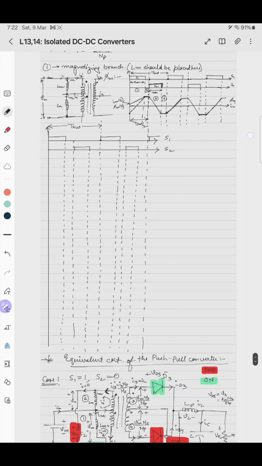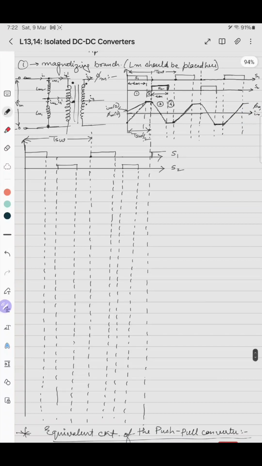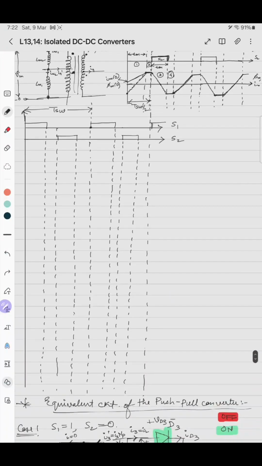So say these are the gate pulses of S1 and S2. First we'll draw the waveforms of S1. So these waveforms belong to S1, that is voltage and current.